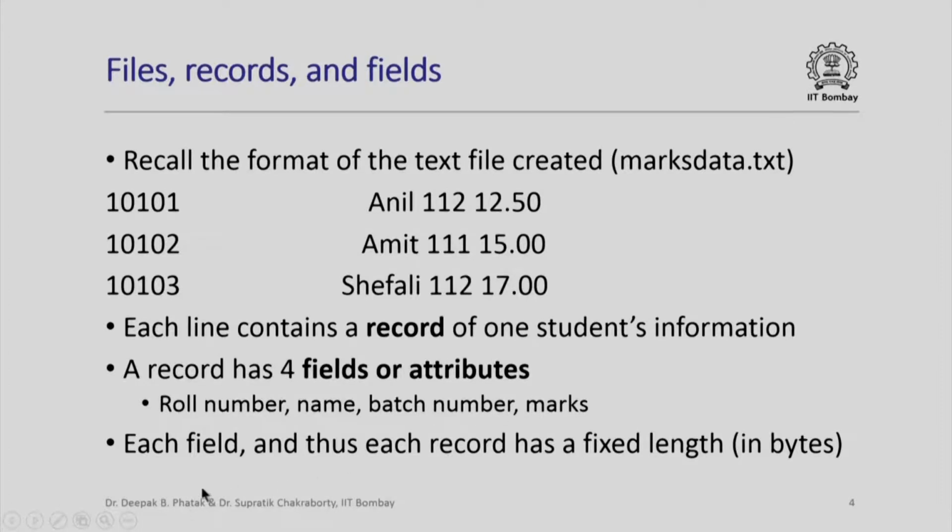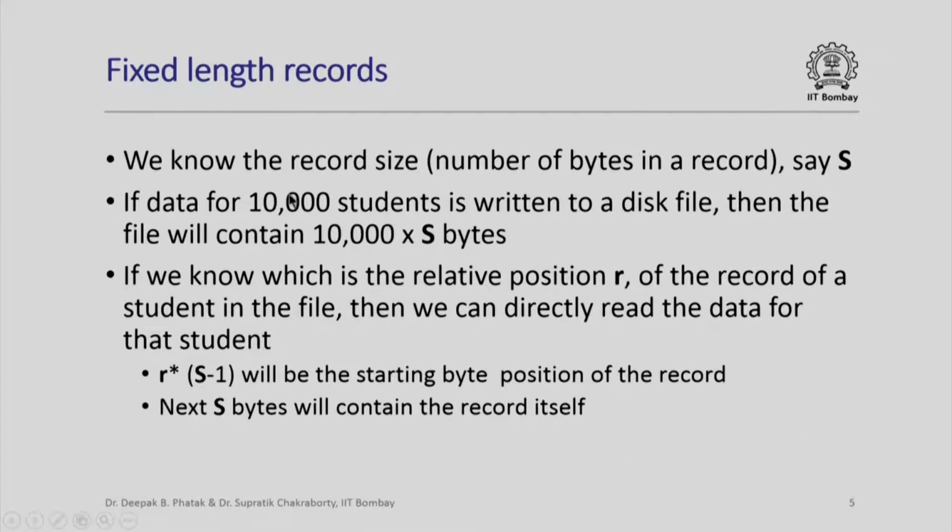Now each field and thus each record has a fixed length in bytes. What is important is this fixed length. If we know the record size or number of bytes in a record, say S, then if data for say 10,000 students is written on a disk file, we know that the file will contain 10,000 into S bytes.